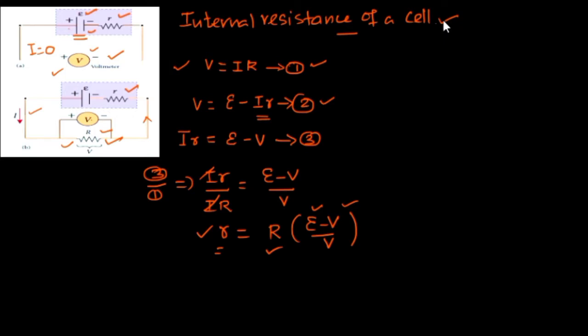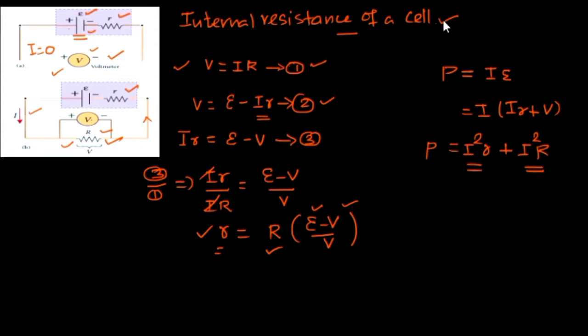And also, if we calculate the power dissipation, it is current into EMF, and current into this EMF is I r plus V. Am I right? So you can write I square r plus, we know already V is equal to I into capital R, so it will be I square R. See, so the power dissipation has two terms.